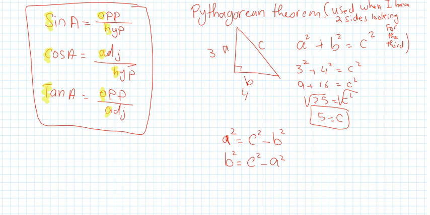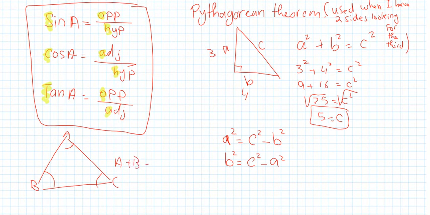The next thing that I want to go over in this review is the angles inside of a triangle. What's the sum of all three angles inside of any triangle? 180, right? So inside of any triangle, if I add all three angles, that's going to equal 180 degrees.